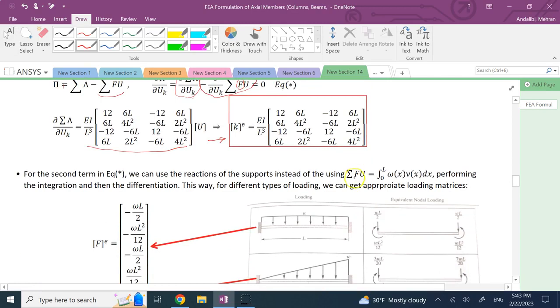You can do that. This summation of the work done on the nodal forces is equal to what? Integral over the length of the elements of the load density times the vertical displacement times the small increment in length, right? And you might say, where does this come from?